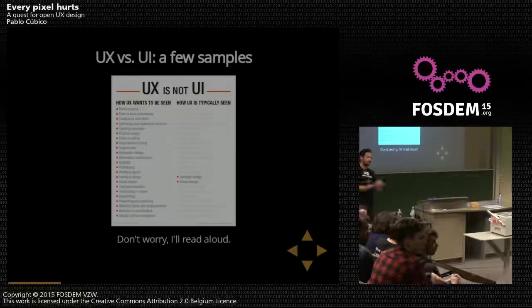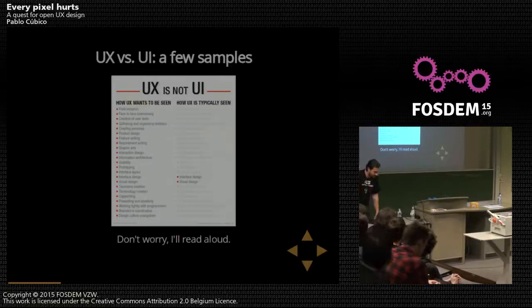Well, this is just an example of the many things that UX is, and the few things that people think it is, which are just interface design and visual design.